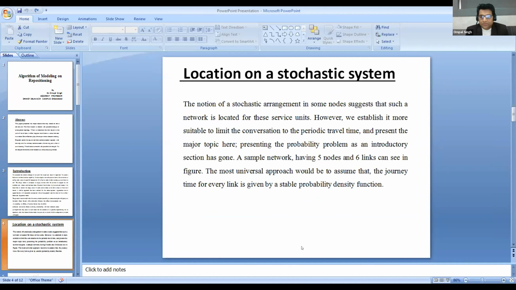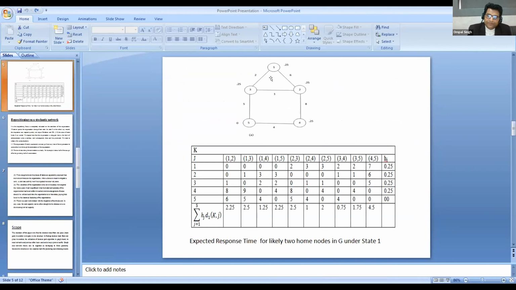The most universal approach would be to assume that the journey time for every link is given by a stable probability density function like this. These are the 5 nodes and the traveling times according to this node, like 1 2 according to 1 2 traveling time. And by using this formula, summation h j d kj, and calculating all the nodes' traveling times, we get the results.